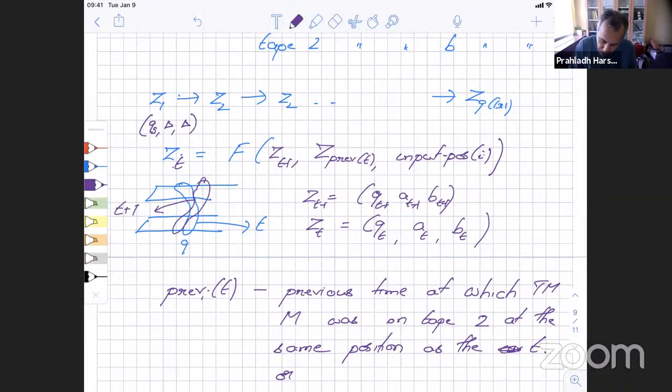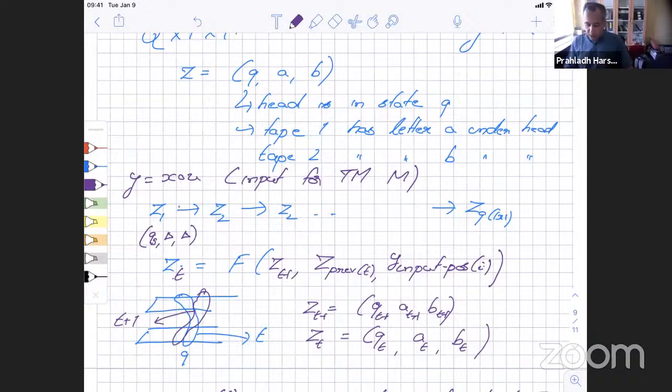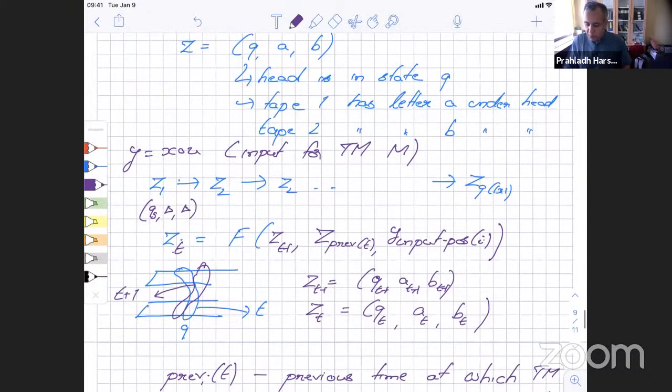So in fact, what you need is y. Let's say y is the joint input (x, u), the input for the Turing machine M. So y is this combined input, and what you need to know is y at input position i.